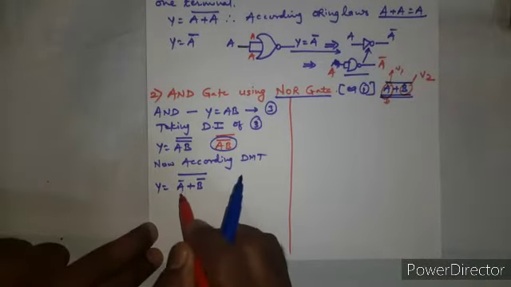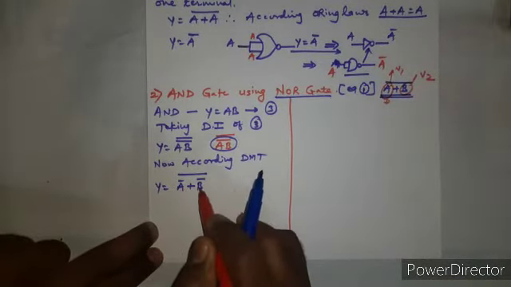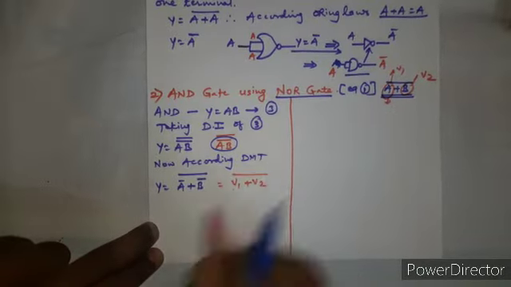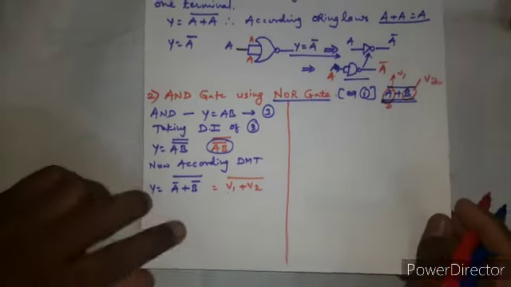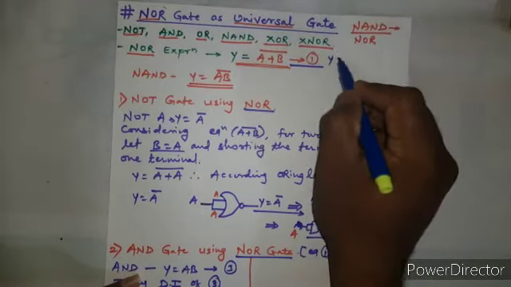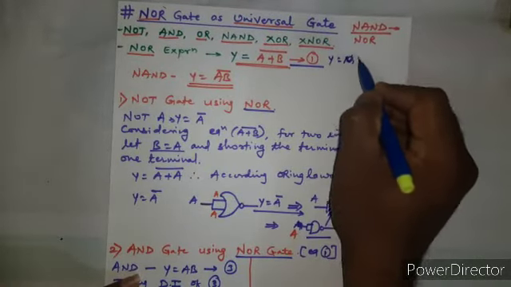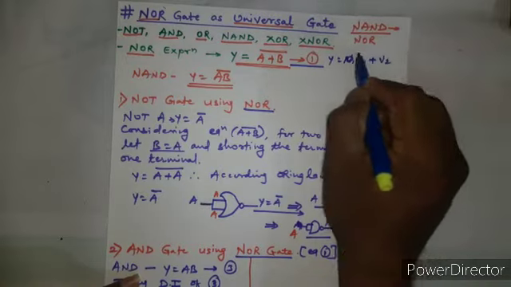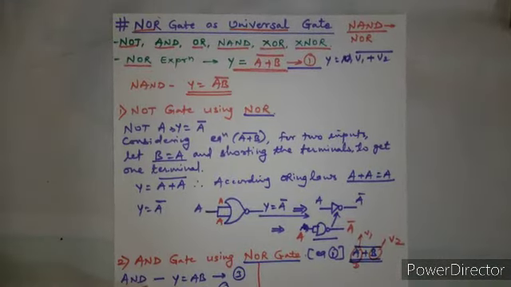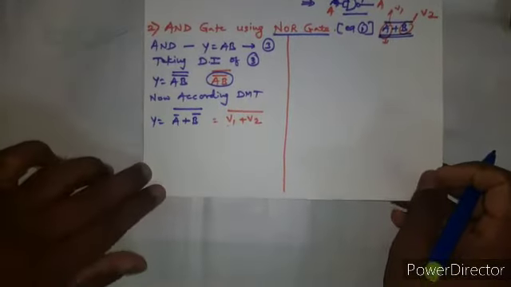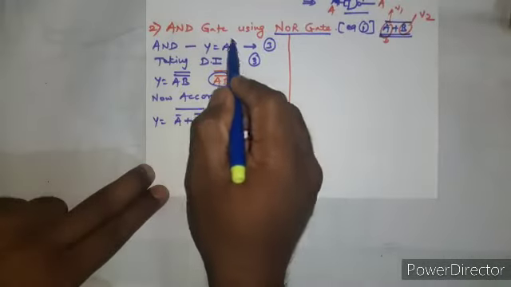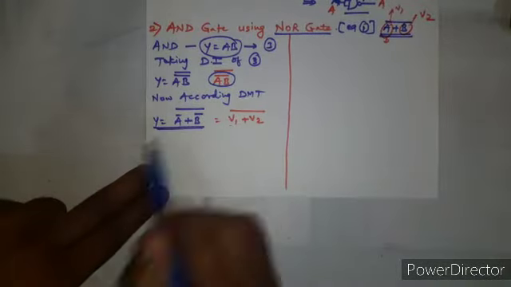A bar here is variable 1 and B bar here is variable 2. So we can say V1 plus V2 whole bar. That is how we can represent this NOR gate, Y equal to variable 1 plus variable 2 whole bar, just for understanding purposes. So now we have converted this AND gate equation into this NOR gate form.